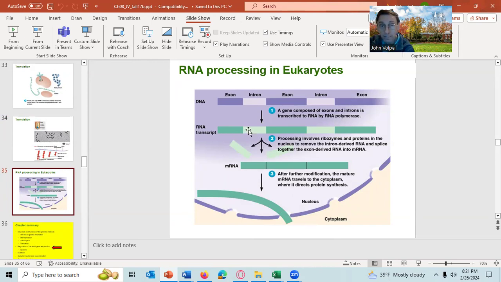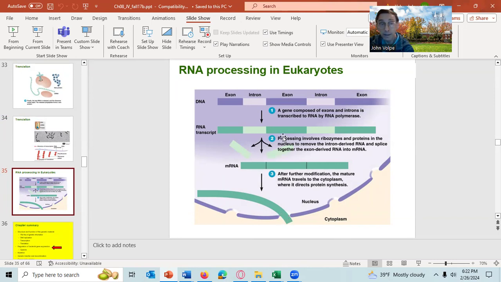That means cut. The introns will be cut out, and then the exons will be spliced together to make the final finished messenger RNA that lacks the introns. And this final messenger RNA lacking the introns will be allowed out of the pores in the nuclear membrane. And then they'll go out in the cytoplasm to begin protein translation.